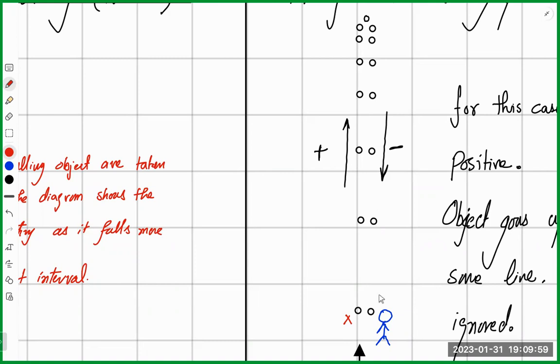So, listen, this is very important for you to understand. I haven't seen an examiner spelling out displacement in a paper. The examiner never says displacement. The examiner says distance from. If the examiner says distance from, he is talking about displacement. When he says the distance from the person who is throwing the object, or the distance from the point of throw, that distance will increase and decrease.